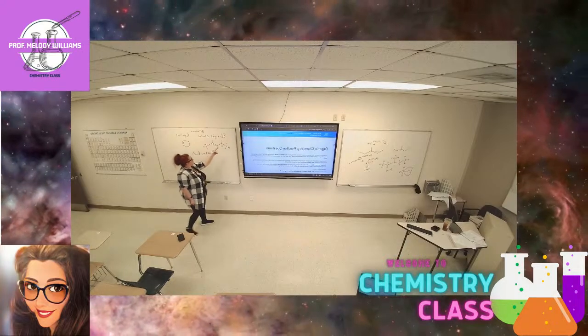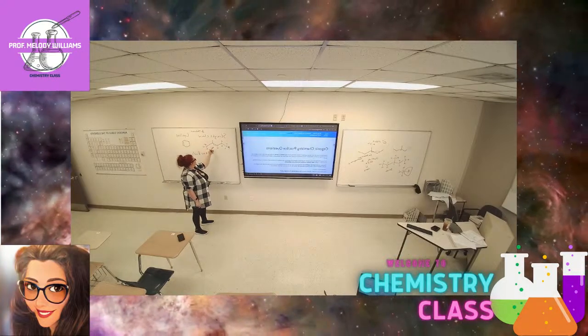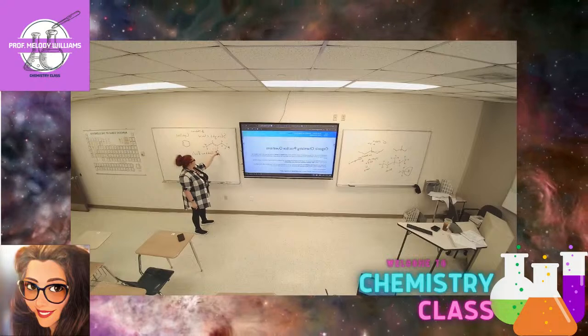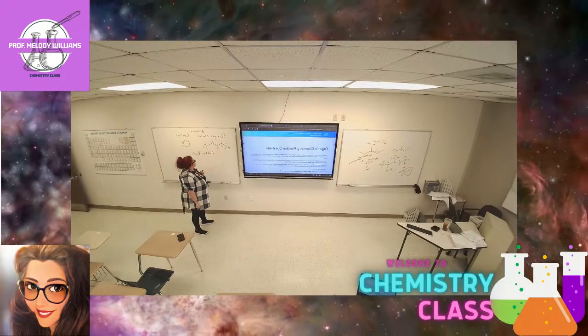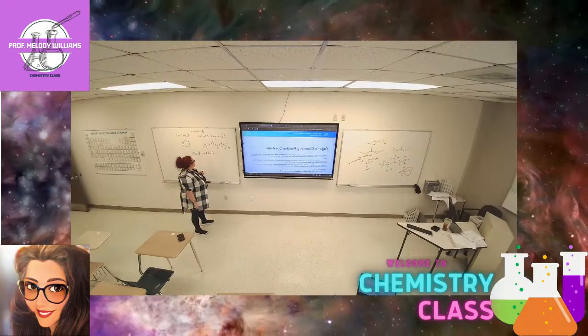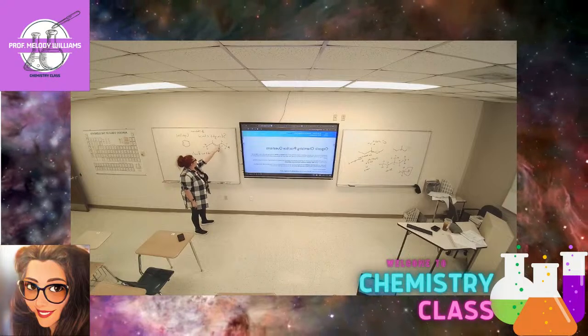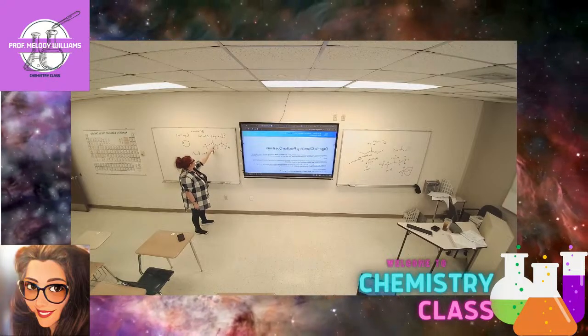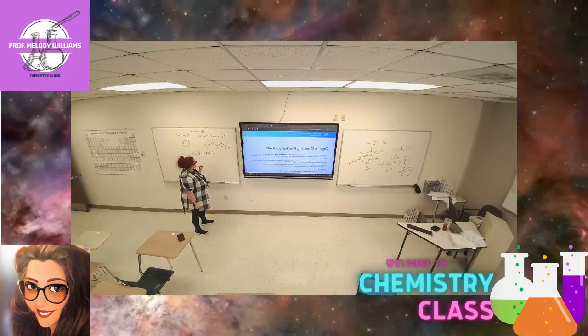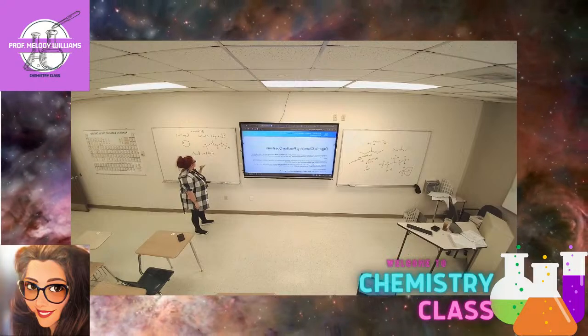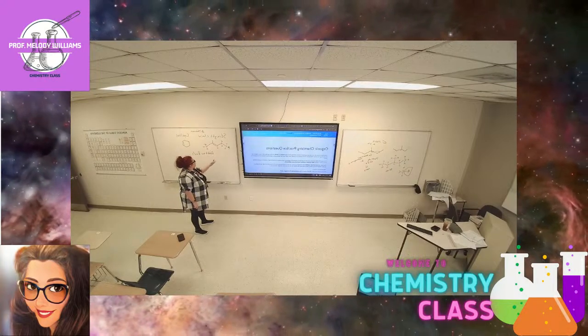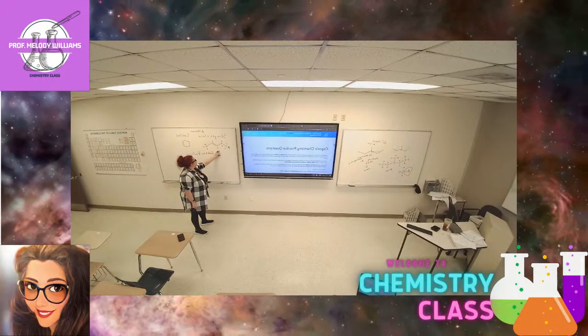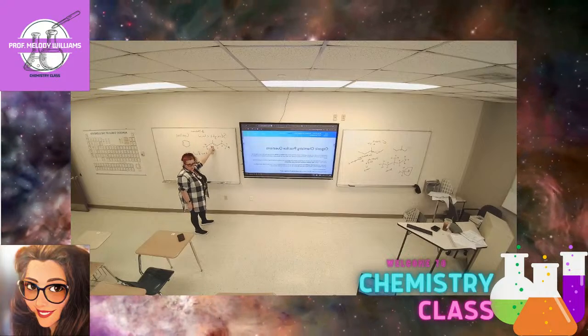Well, we've got a bond here, 1, 2, and there's 2 bonds here, so that's 3 and 4. Would it be easier to pull off a hydrogen or easier to add stuff to a double bond?